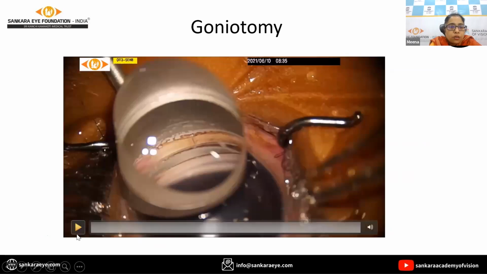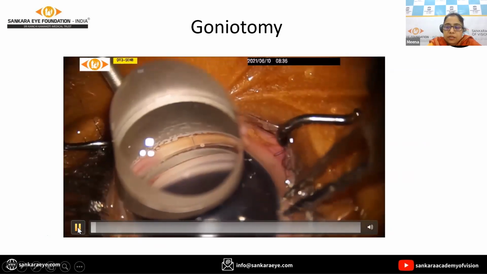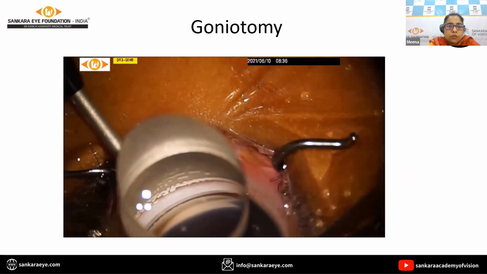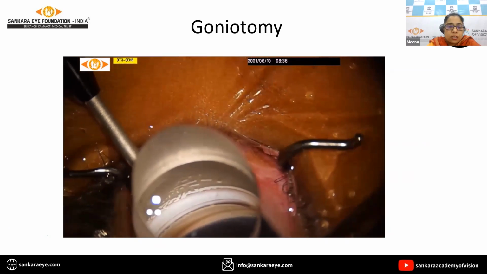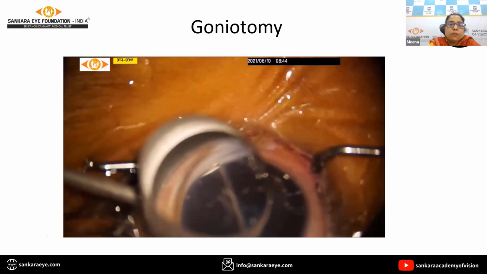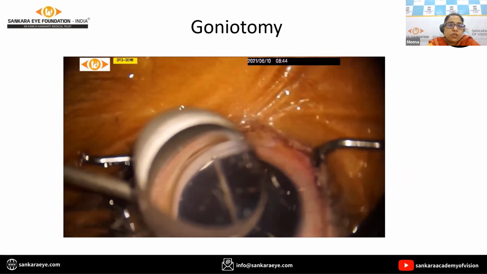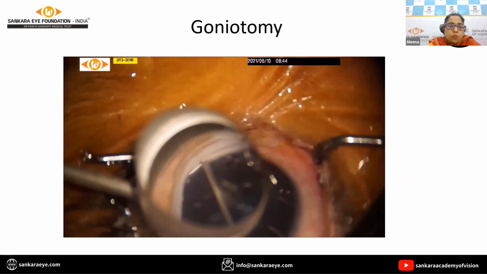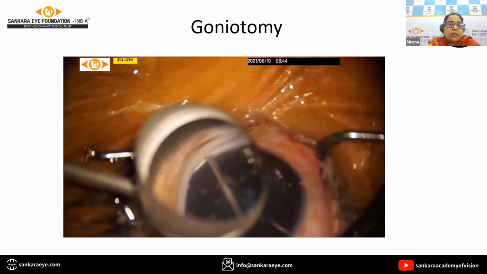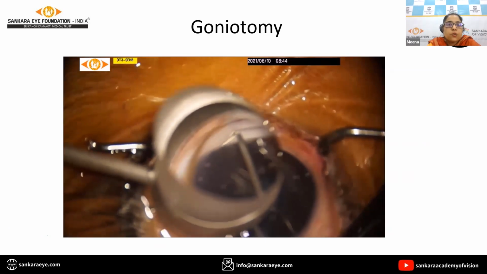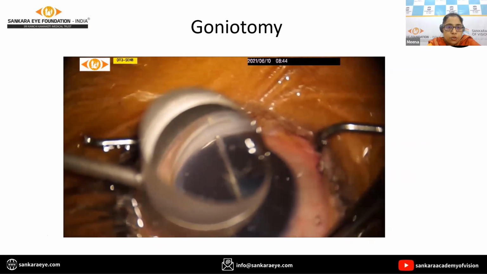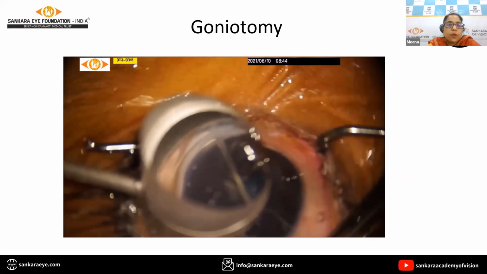This is a small video to understand. So this is a Swan-Jacob lens. When we perform a goniotomy, one of the most important things is the positioning. Usually the microscope is towards the surgeon and the head of the baby is turned away from the surgeon to visualize the angle. Once we place the Swan-Jacob lens, the anterior chamber is filled with viscoelastic, and then we can use a long needle to do the goniotomy, visualizing through the Swan-Jacob.